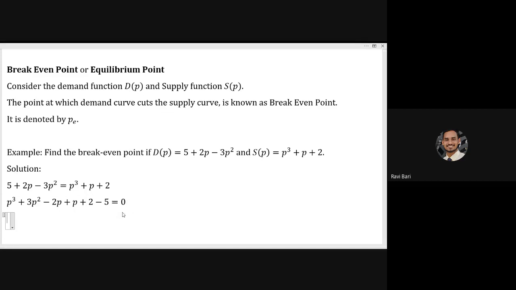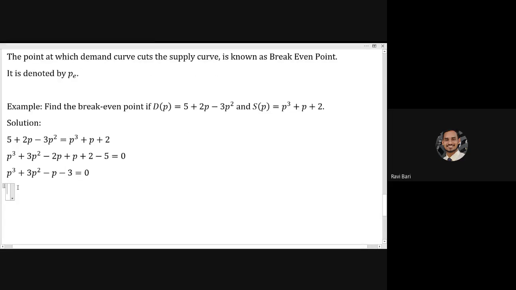All right. Now solve this. We have P cube plus 3P square minus P minus 3 is equal to 0. From the first two terms, you can take P square common, and you will be left with P plus 3.